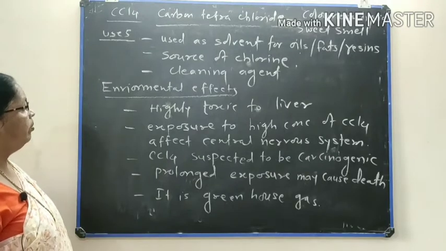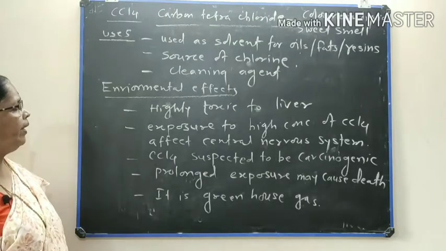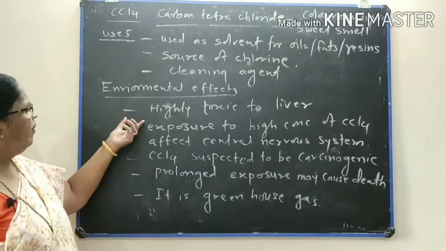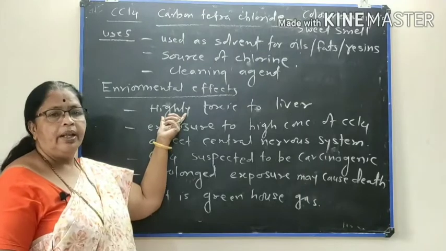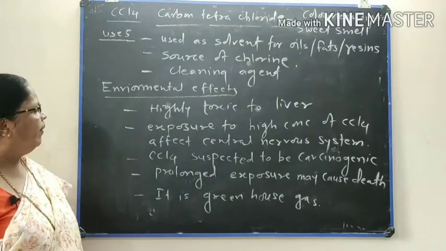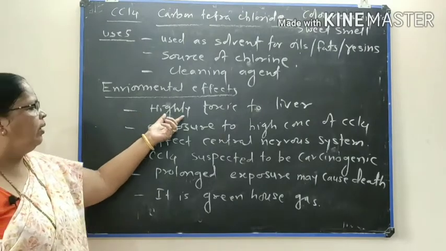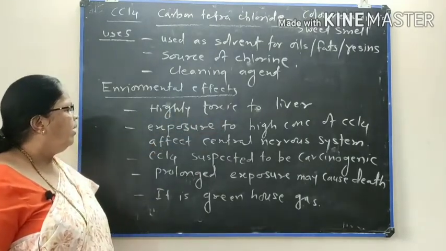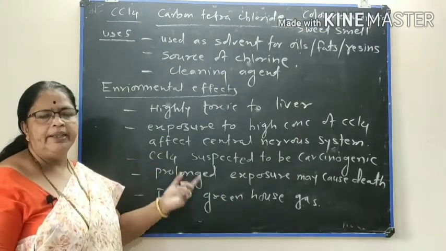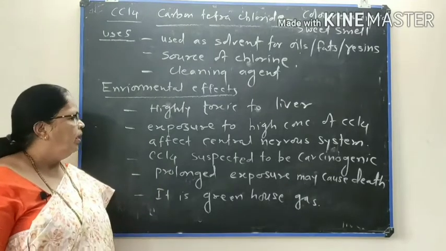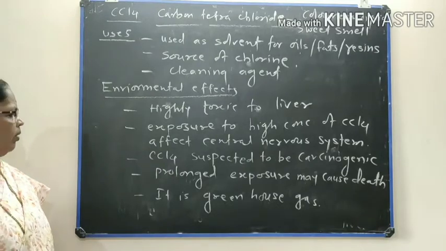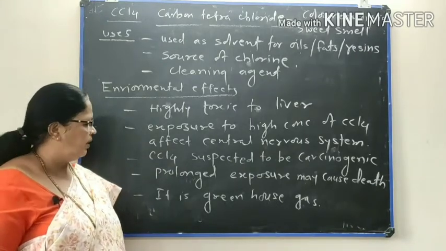There are some important but most harmful effects. First one, carbon tetrachloride exposure is highly toxic to the liver. Second one, exposure to high concentration of carbon tetrachloride affects the central nervous system.